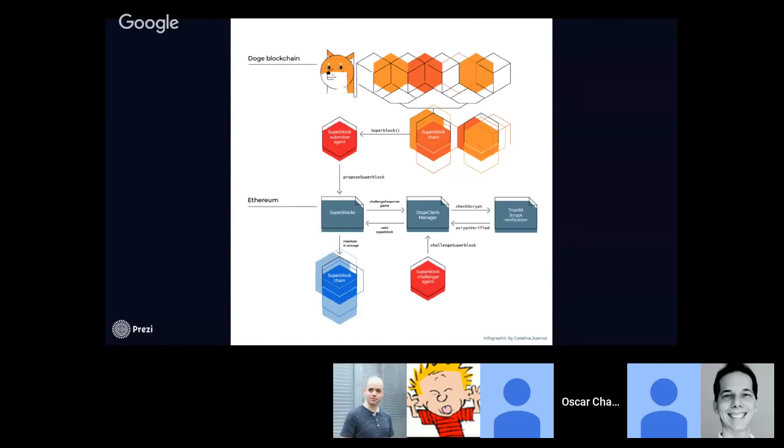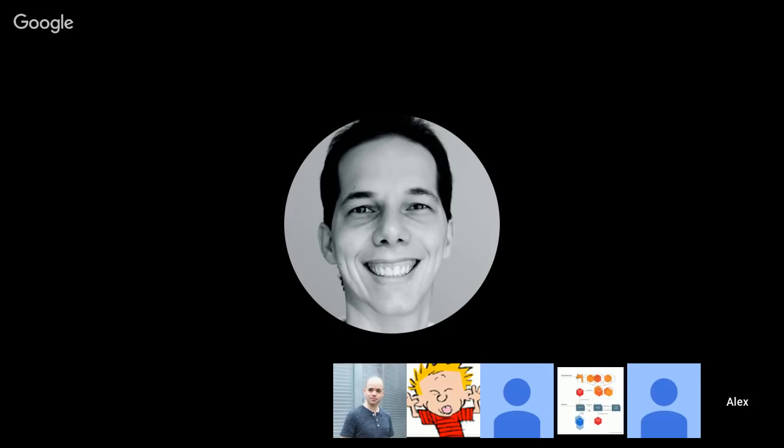And the second question is, if the bridge is not being used, does it still mean that I need to have 24 transactions per day, or can someone send a superblock that includes all of the day's transactions?